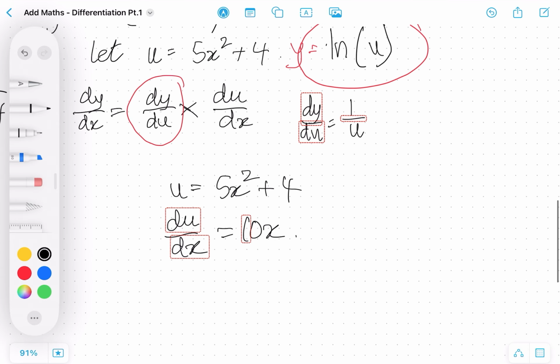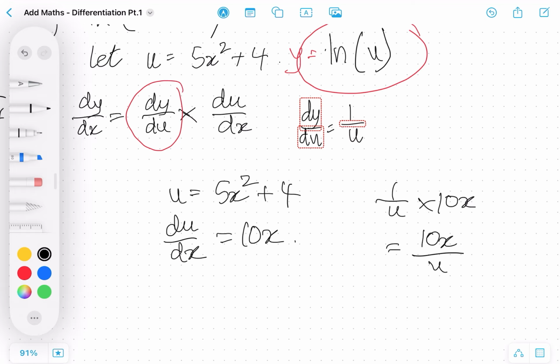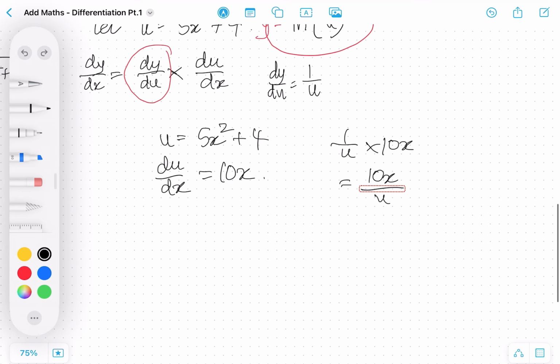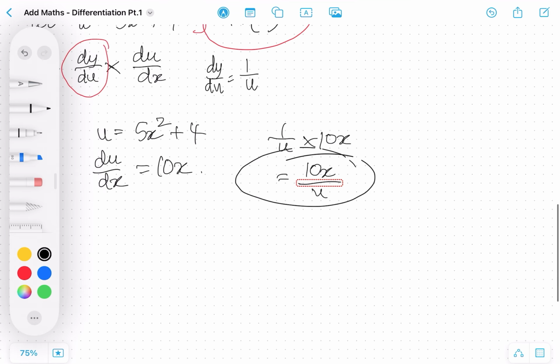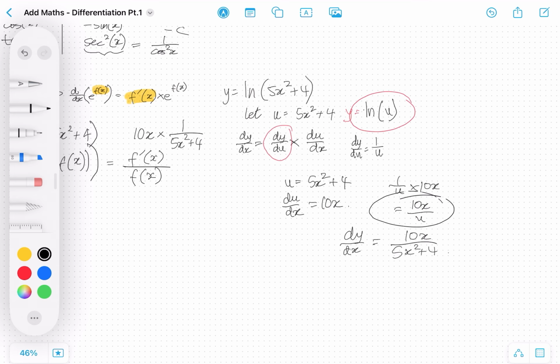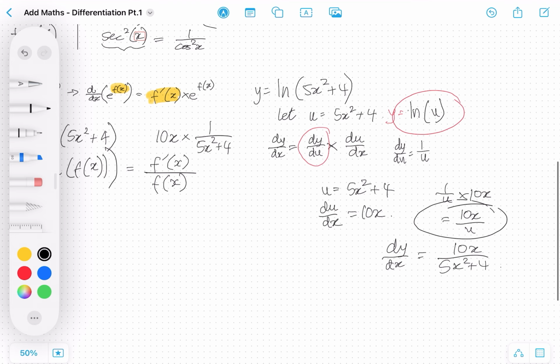So now we multiply these two together. So dy by du is 1 over u, and then multiplied by du by dx, which is 10x, and we get 10x over u. But we're not done here, because we've set u equal to 5x squared plus 4. So we substitute that back into this, and we get that dy by dx is equal to 10x divided by 5x squared plus 4. And that's why this general rule works. That's basically the chain rule formalized.